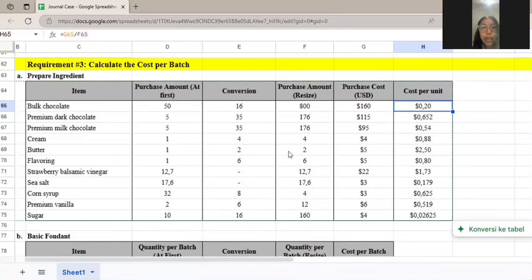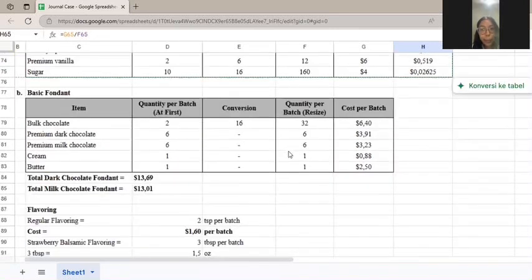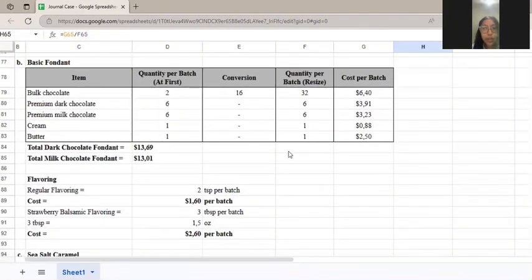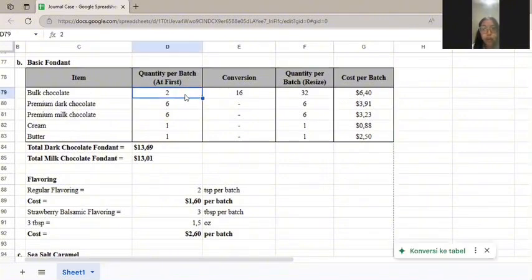And table B is for basic fondant. We already know the quantity per batch is from table 3 of the journal, and the conversion is to the ounce. So the milk chocolate quantity per batch at first is 2, but the conversion is 16 ounces, and then the quantity per batch resized is 32.